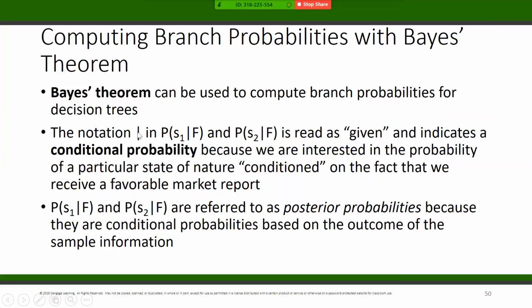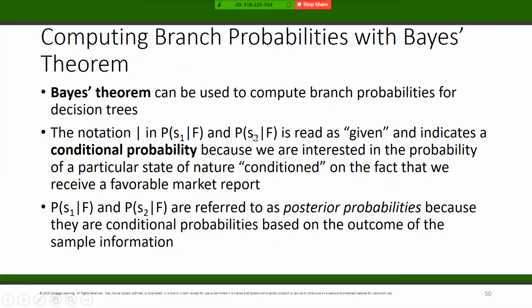The notation uses a vertical bar, but it's read as "given." So when you read it, it's probability of state 1 given F, and this is probability of state 2 given F. The given indicates a conditional probability: the probability of the state given that F has already occurred.